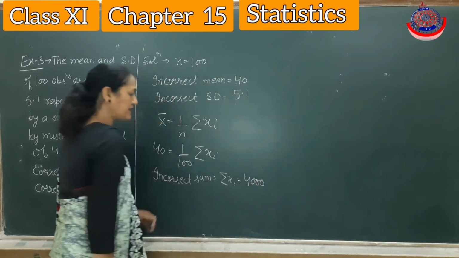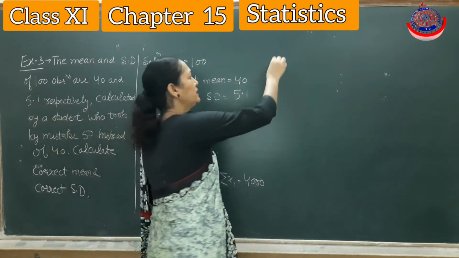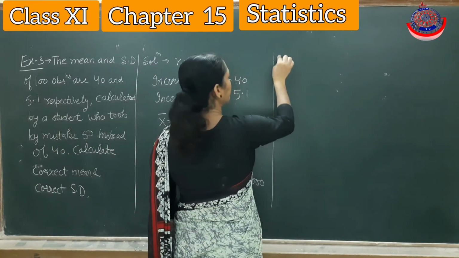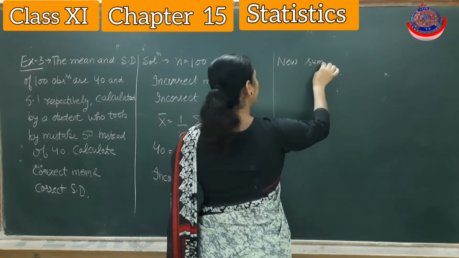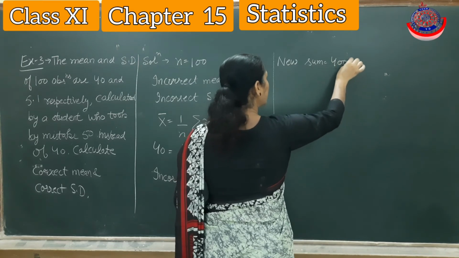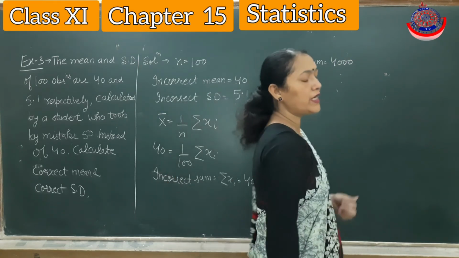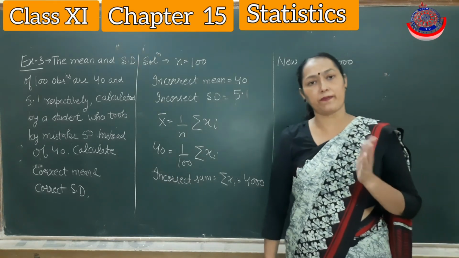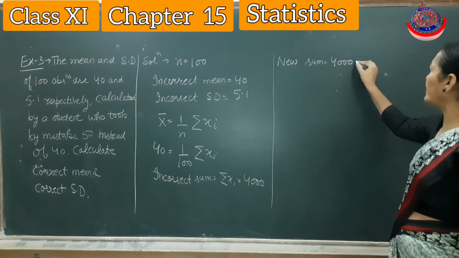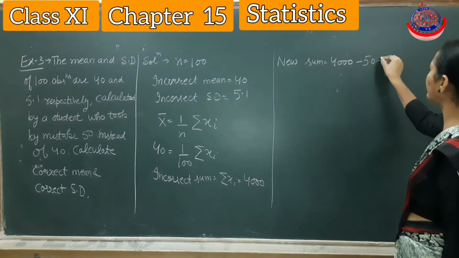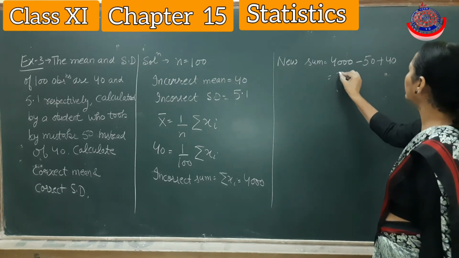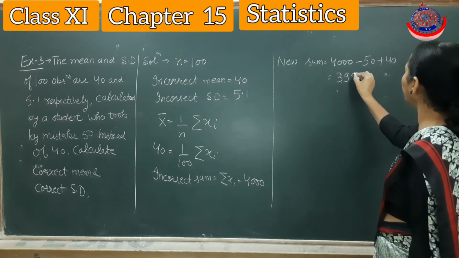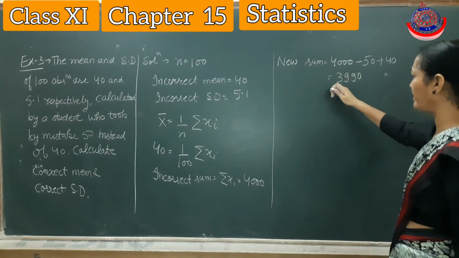Now what is the problem in this total? Here we have to write the new sum. From this 4000, 50 which was the incorrect observation will be subtracted and the correct observation will be added. So we'll be having 3990 as the correct sum.